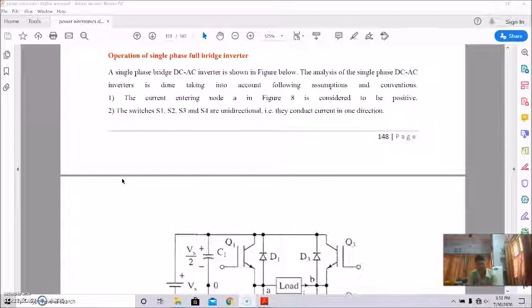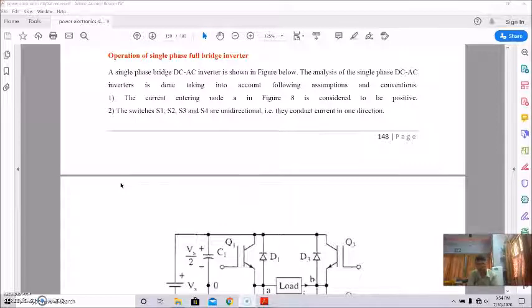Diodes D1, D2, D3, D4 are used as feedback diodes, and the load of the full bridge inverter will be either resistive or inductive. The sequence of operations of the switches and diodes for resistive load and RL load is like this.